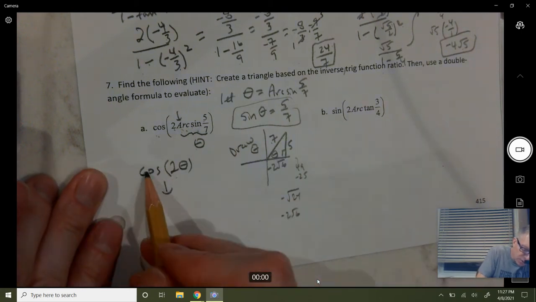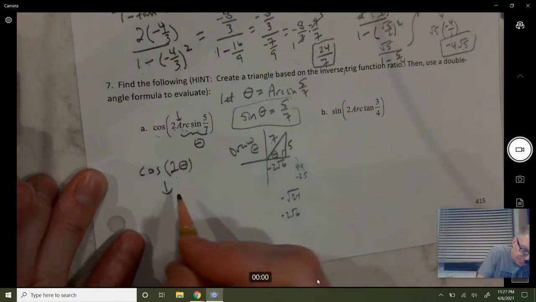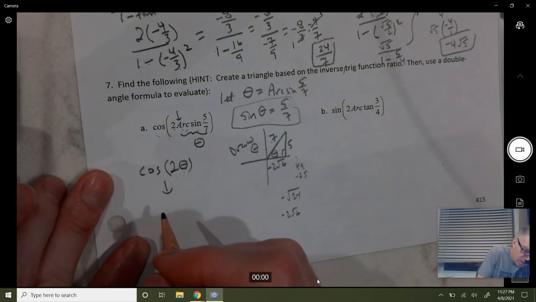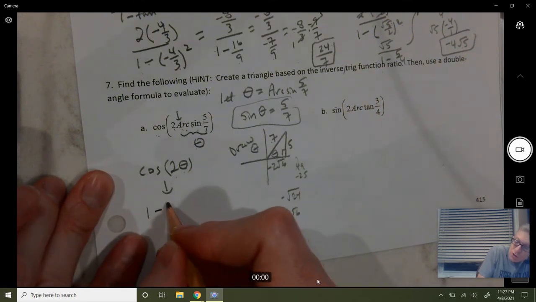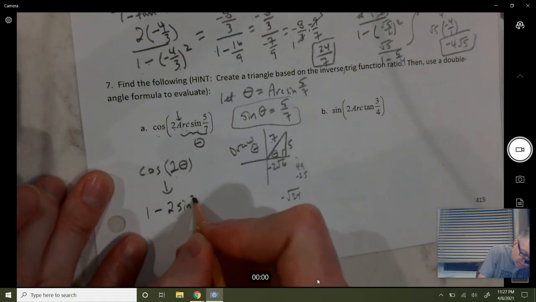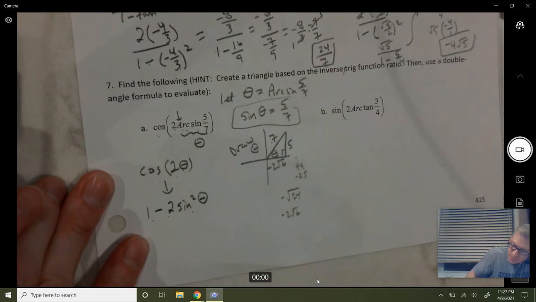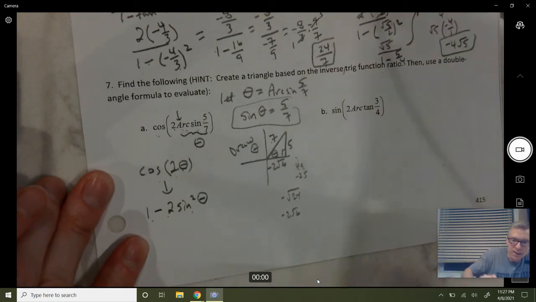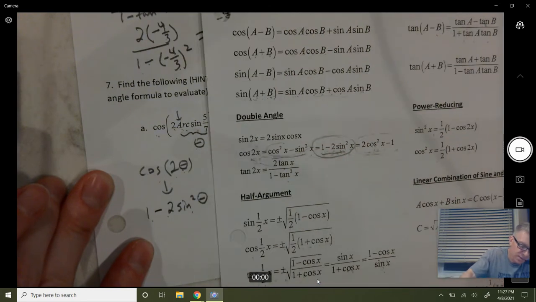So we could do cosine squared theta minus sine squared theta. Remember, we have 3 options. Okay. I don't know. Let's use 1 minus 2 sine squared theta. Cosine 2 theta equals 1 minus 2 sine squared theta. That seems to be one of my favorite ones. Cosine of 2x equals 1 minus 2 sine squared x.